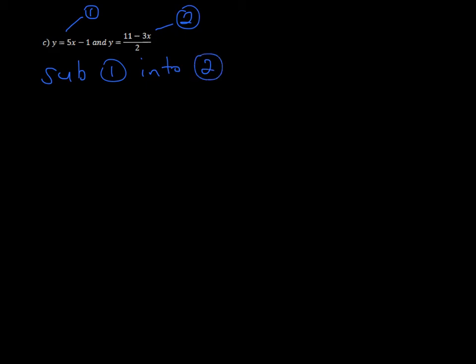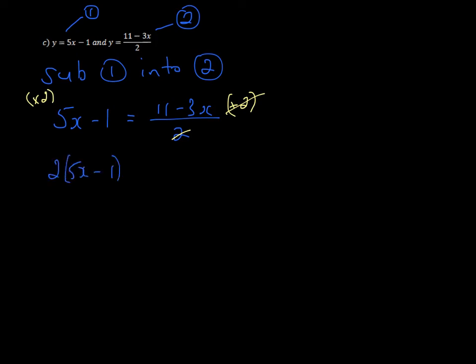So therefore, I'm going to say 5x minus 1 equals 11 minus 3x over 2. So straight away I want to get rid of that 2, and get rid of the fraction. So I'm going to multiply both sides by 2. They'll cancel that out. And remember, I multiply everything by 2.